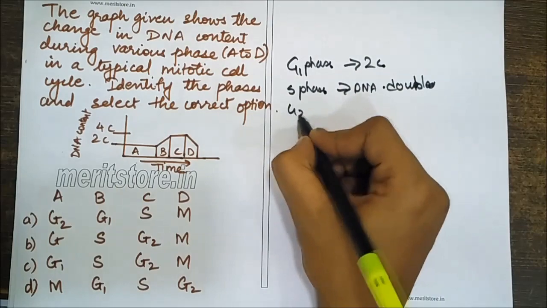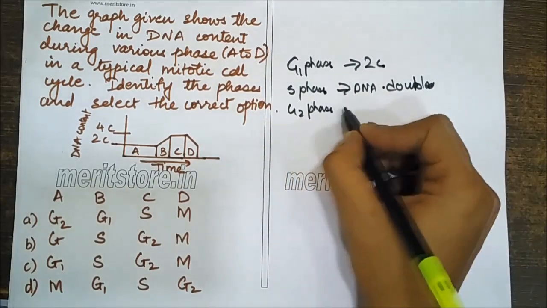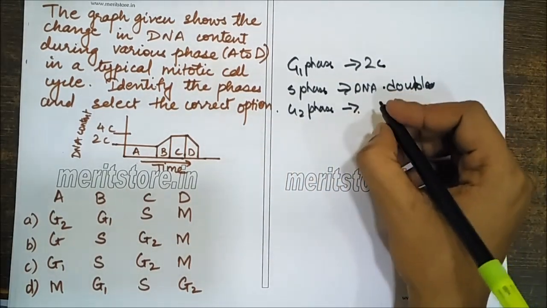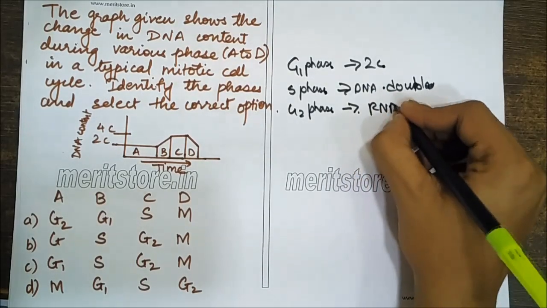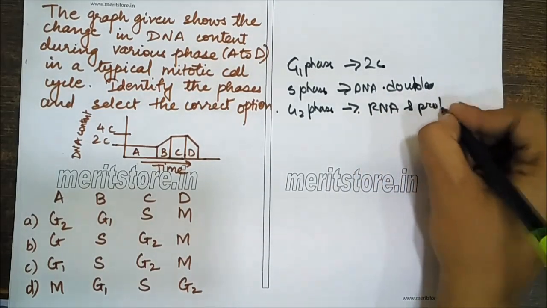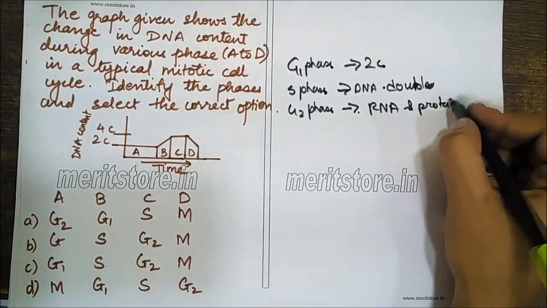Next, during the G2 phase, synthesis of RNA and protein synthesis takes place.